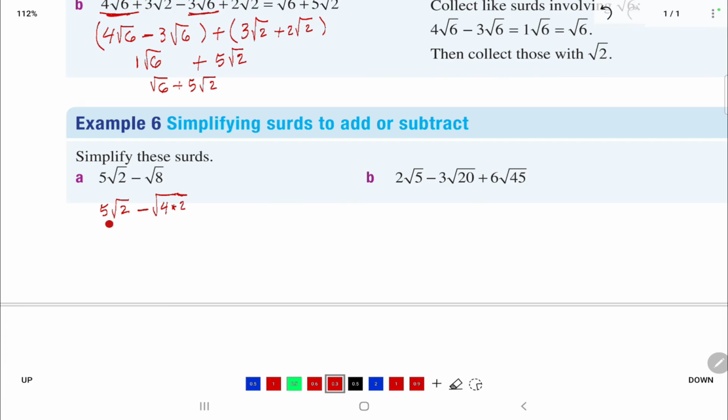Okay, and then this one, 5 under the square root of 2 minus, you see, 4 I can take out from the square root, it will be 2, and this one is left inside. So it is 5 under the square root of 2 minus 2 under the square root of 2, and it will equal 3 under the square root of 2.